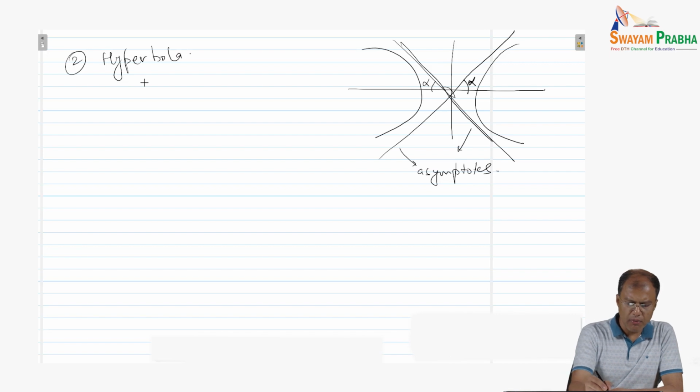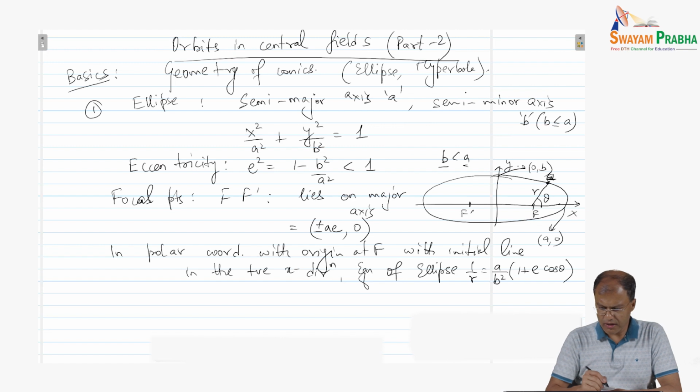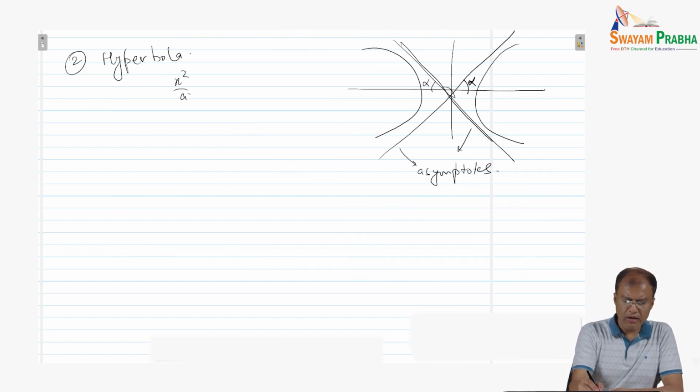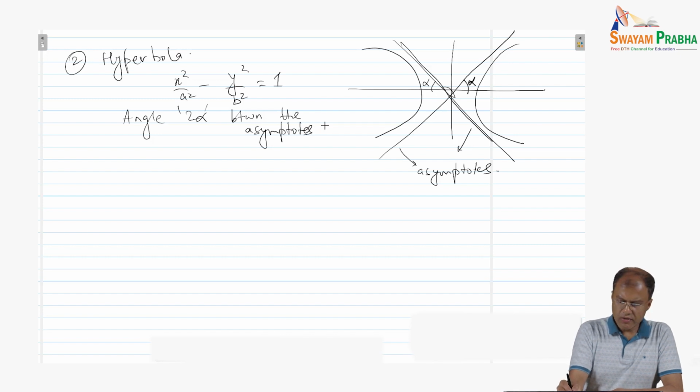The equation for the hyperbola is x squared by a squared minus y squared by b squared equals 1, and the angle 2 alpha between the asymptotes is given by tan alpha equals b over a.